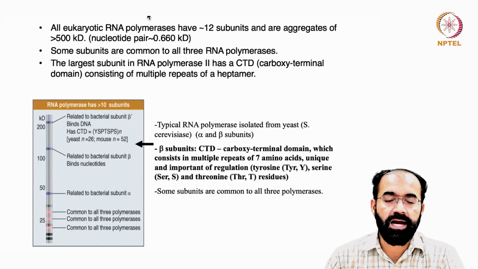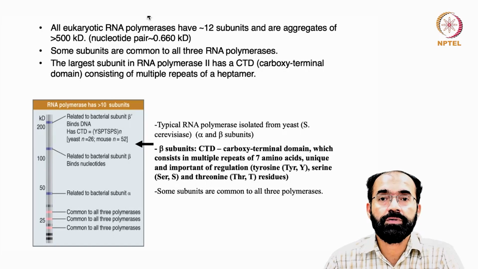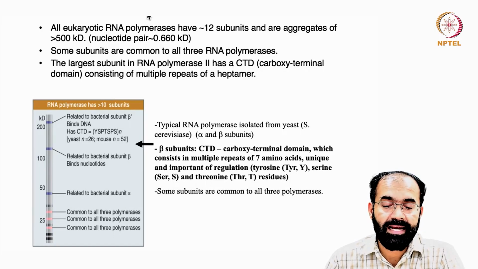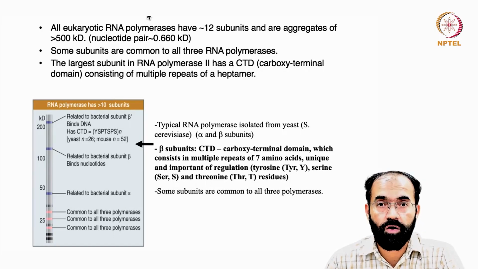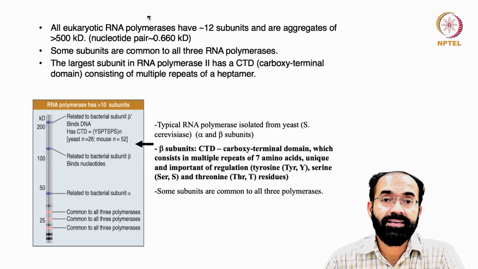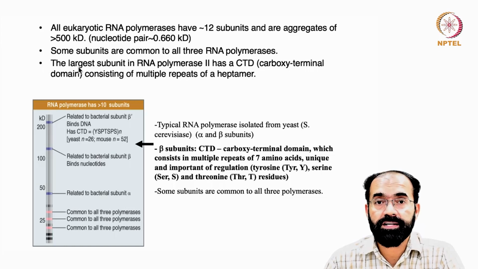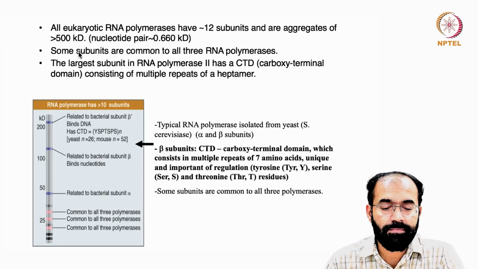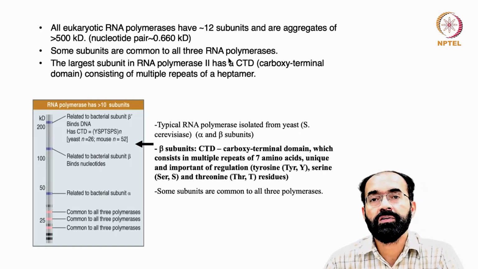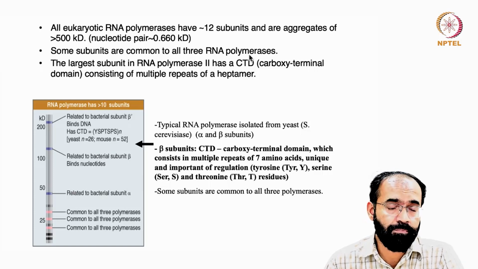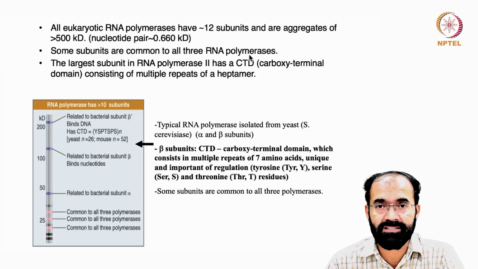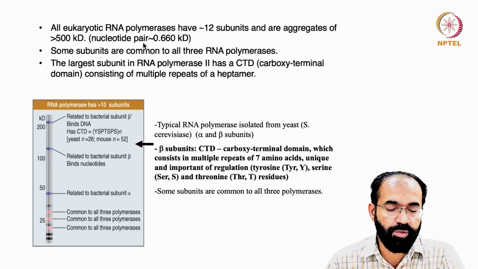So all eukaryotic RNA polymerases have about 12 subunits, and they are aggregates of the order of 500 kilodaltons. This is a pretty large molecule, and some subunits are common to all three RNA polymerases, like polymerase 1, polymerase 2 and polymerase 3 can have common subunits.